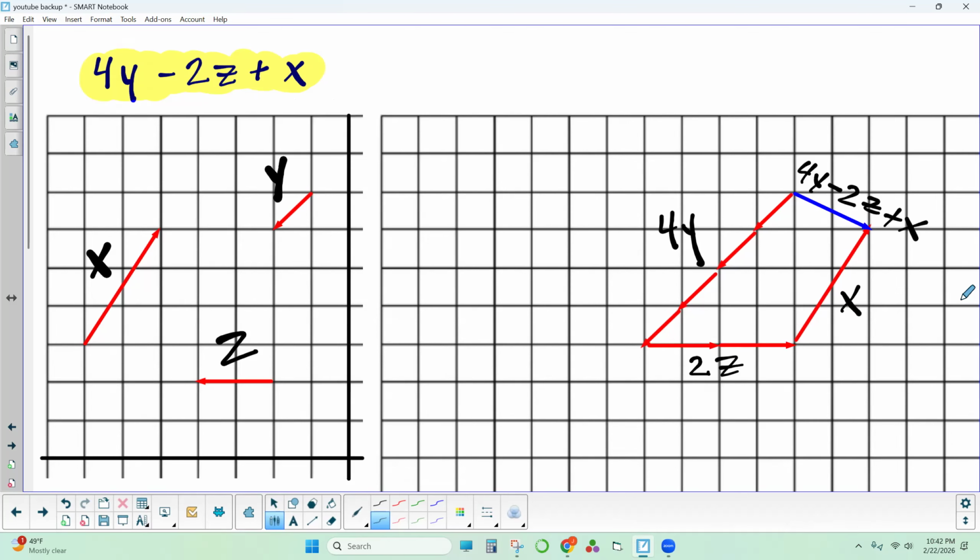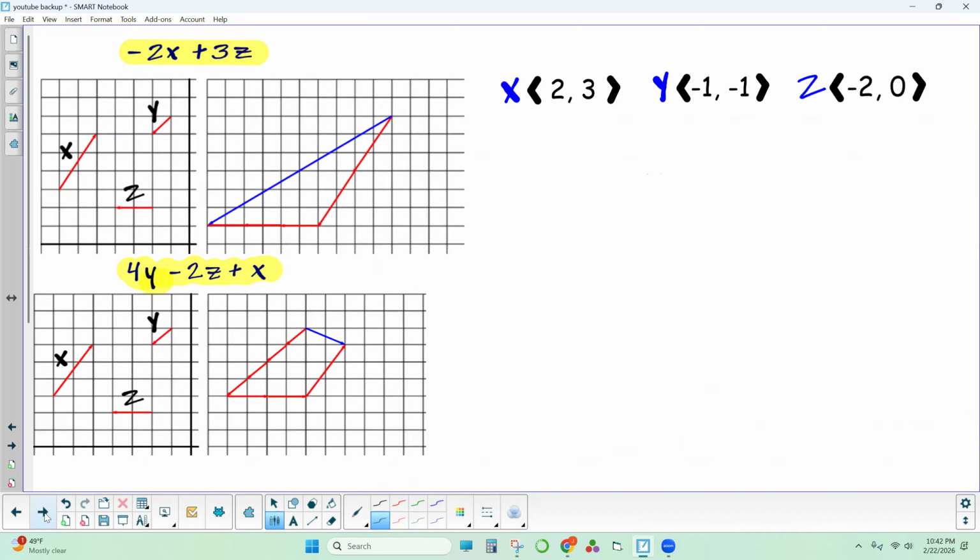Okay? All right, now that we've shown this graphically, what we're going to do is we're going to do the same problems algebraically. And I've brought the two graphs over so we can look at them and we can compare our answers. So we will compare the resulting vector here to our component form once we are done.